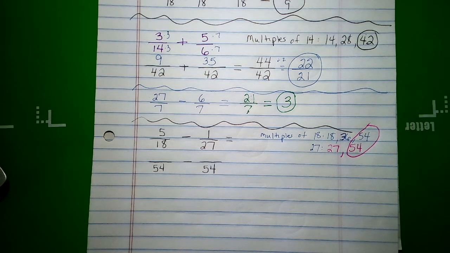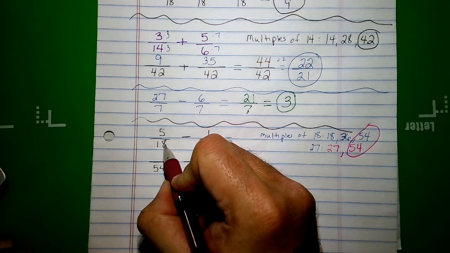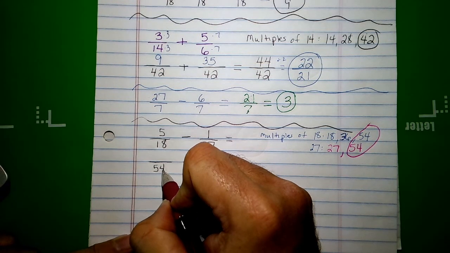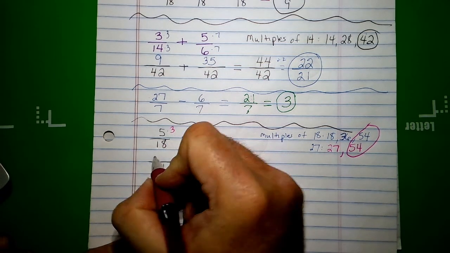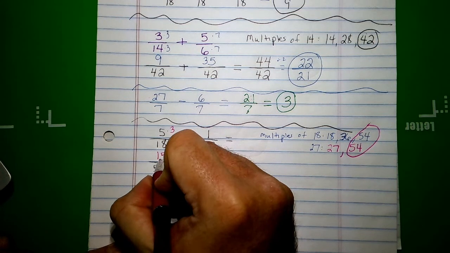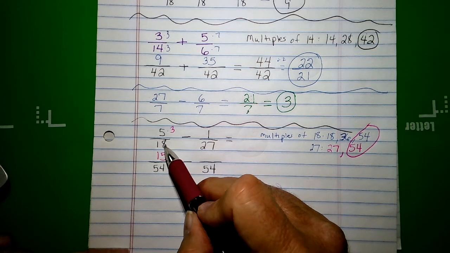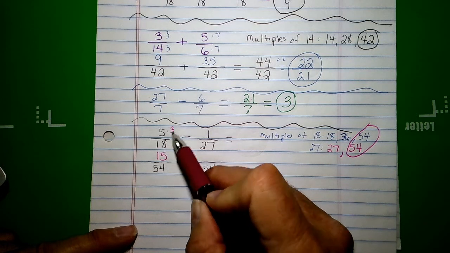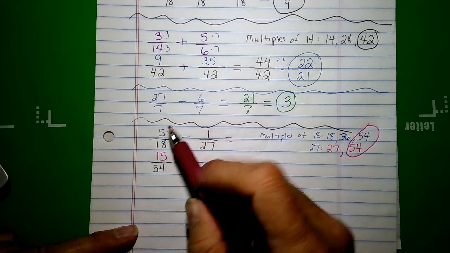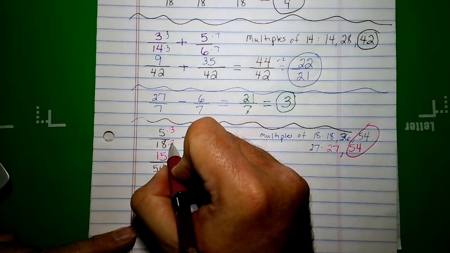Okay, so 18 goes into 54 3 times. 5 times 3, 15. 18 times 3 is 54.